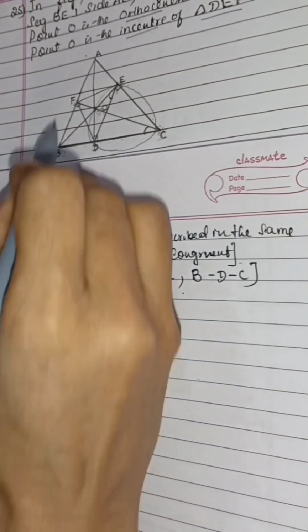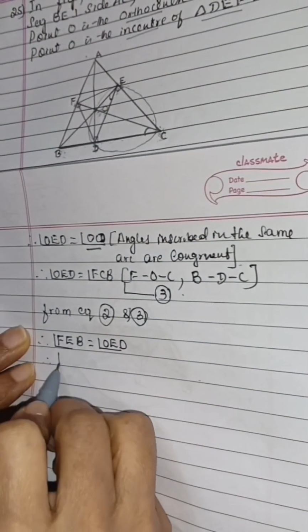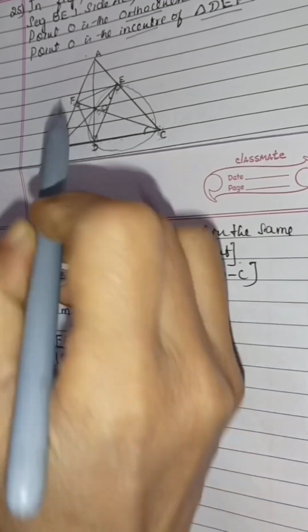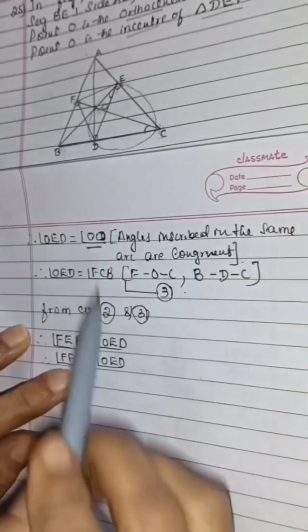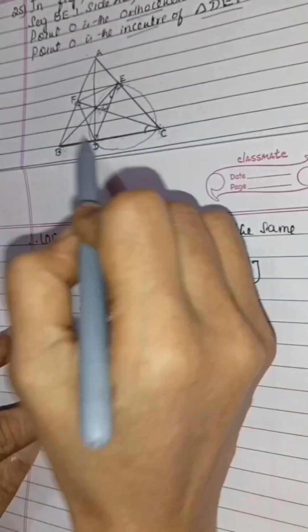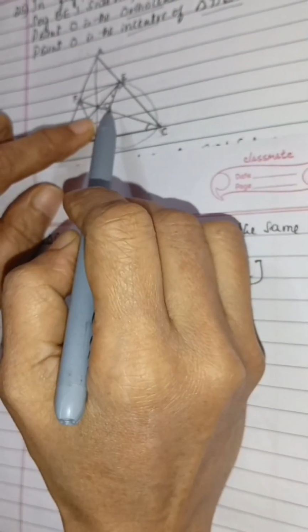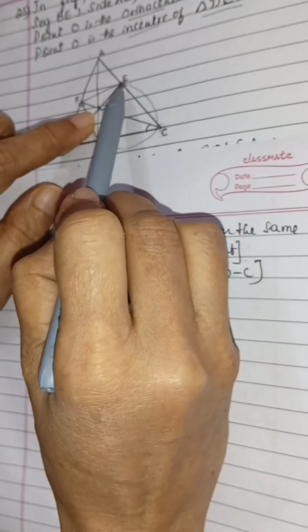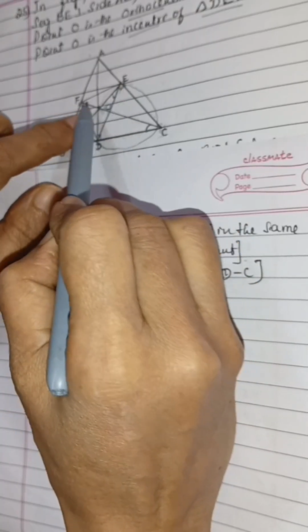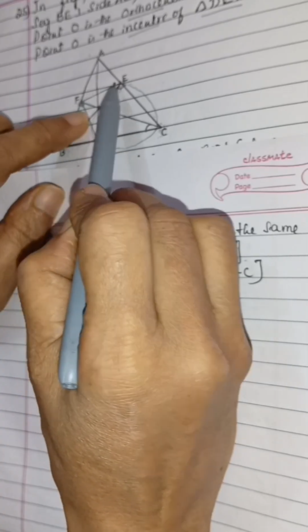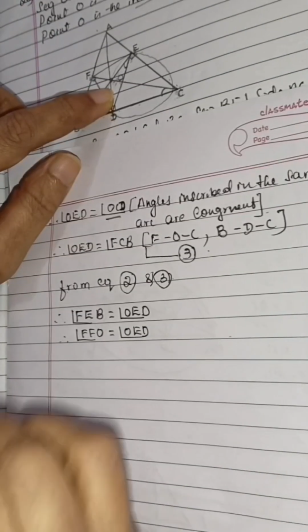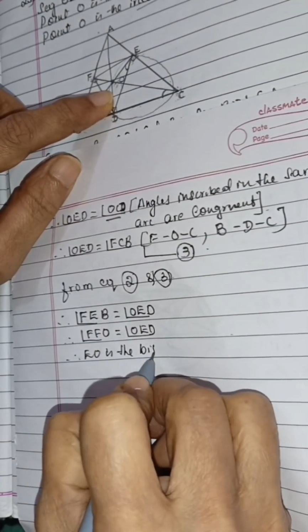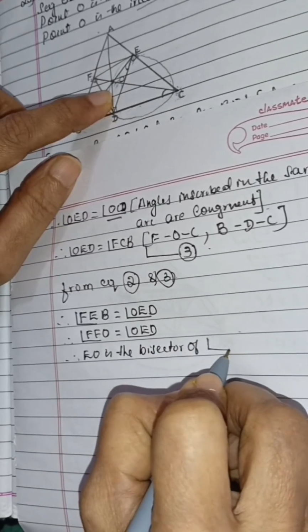Therefore, angle FEO equals angle OED. This means EO is the bisector of angle FED.